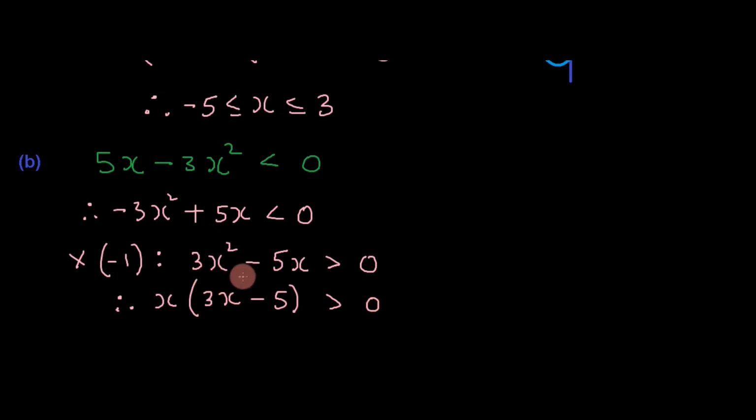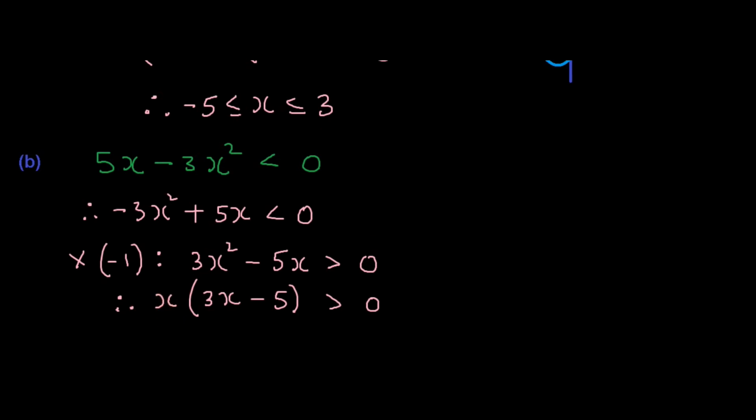So the roots of this quadratic will be x equals 0 or x equals 5 over 3 when we solve this inside the brackets. So when we make 3x minus 5 equal to 0, we end up with x equals 5 over 3. So that's going to be the one root. And the other root will be when we make x equal to 0. So then 0 will be the second root.